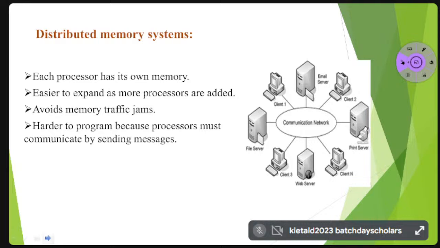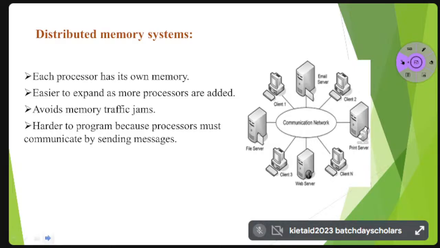Same as a distributed system, here distributed memory can also be shareable and is easier to expand as more processors are added. So here the processors 1, 2, 3, 4 and n number of processors can be added. Addition of a processor is easy because every processor has its own memory and it is not a common memory.